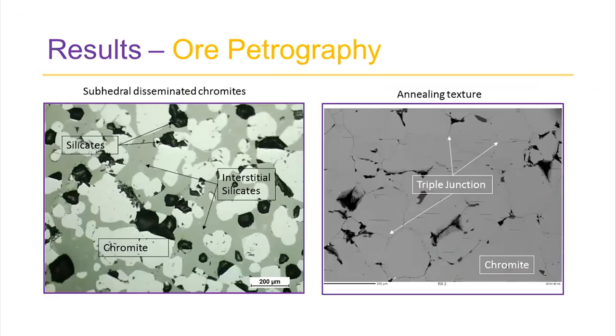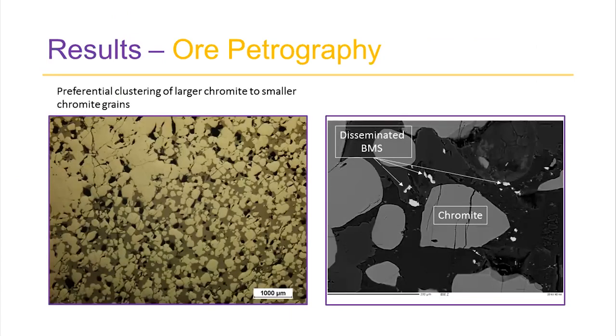So the UG2 at Buffelshoek is mostly characterized by disseminated chromite, and it shows uneven textures. Due to recrystallization, as these disseminated chromite recrystallize, they grow, and the larger chromite grains that they recrystallize to typically cluster in this area.